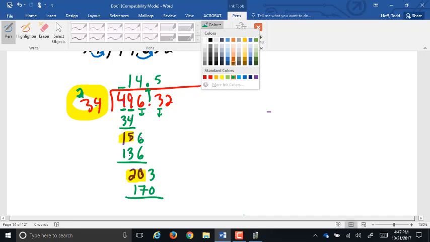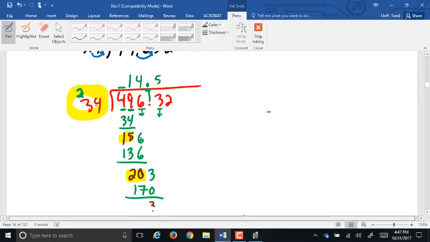We subtract. 3 minus 0 is 3. Got to borrow here. This is 1 and 10. 10 minus 7 is 3. I bring down my next digit, which is the 2. 34 into 332. Let's go 9. 9 times 34.